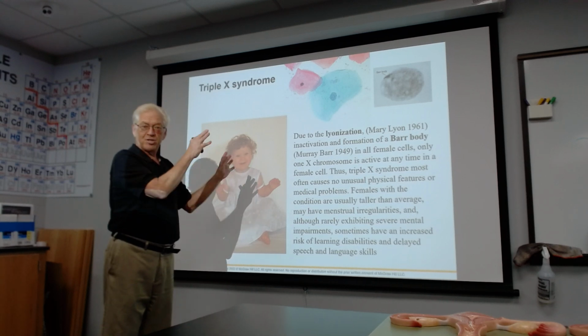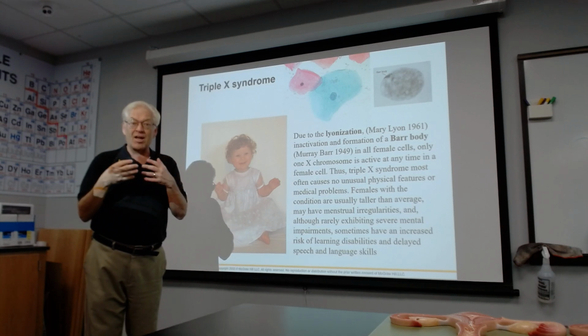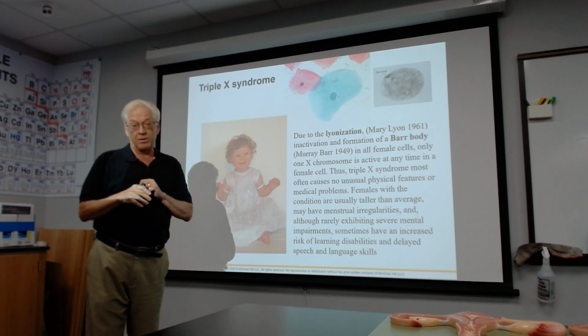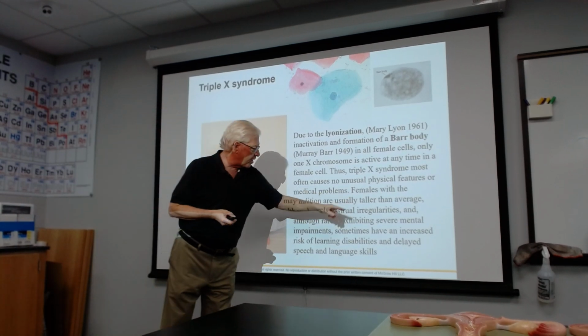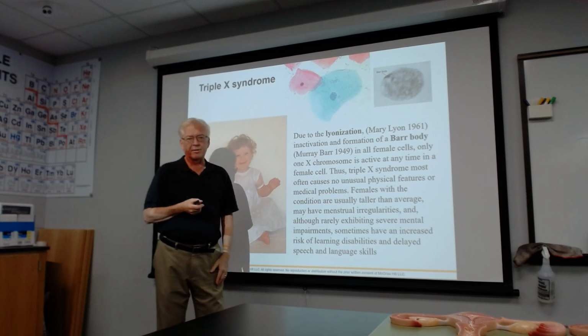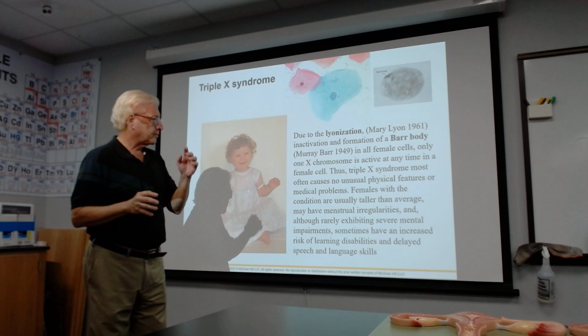Got it? My child did this, my child is this. Because they want to see, is there any kind of abnormality? Got it? They might be taller than average, have some menstrual irregularities, but it wasn't really bad stuff. Does that make sense? Okay.